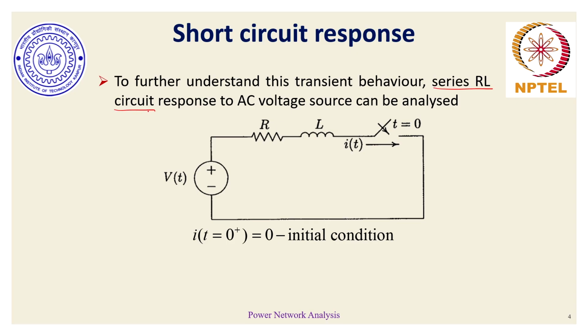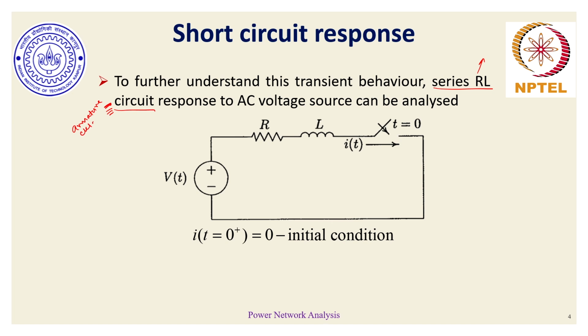Why an RL circuit? Because our armature circuit is mostly an inductive circuit. Resistance is not exactly 0, but for a well-designed machine, the value of R can be considered to be 0 or close to 0. So our series RL circuit here has equivalency with the armature circuit or stator circuit of the corresponding synchronous generator.